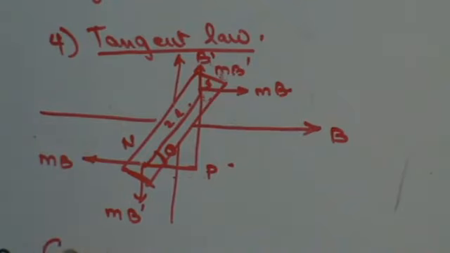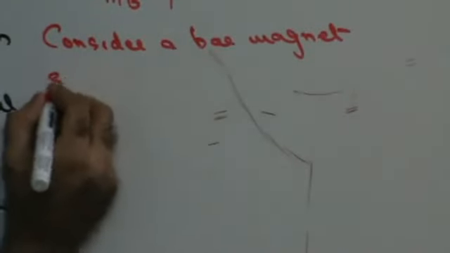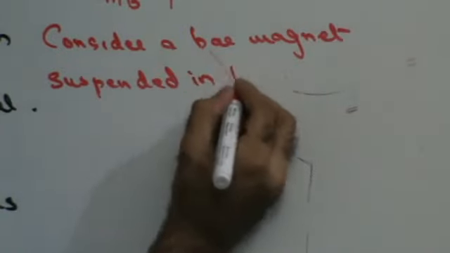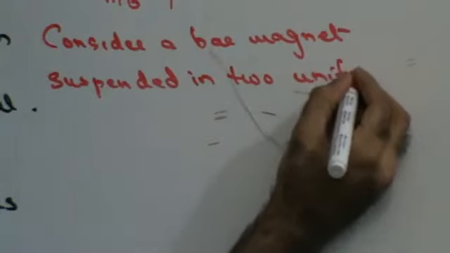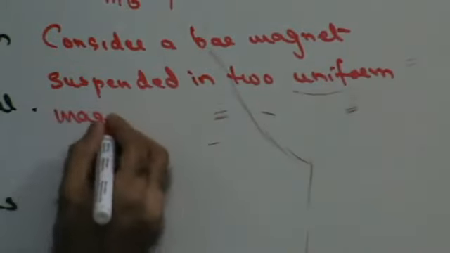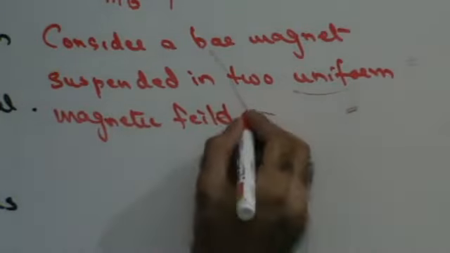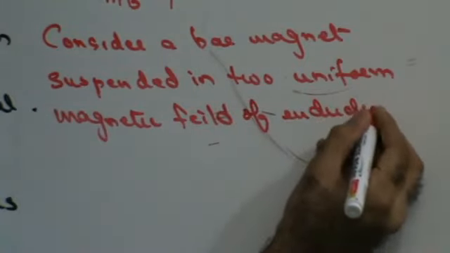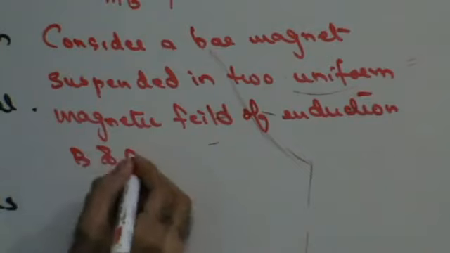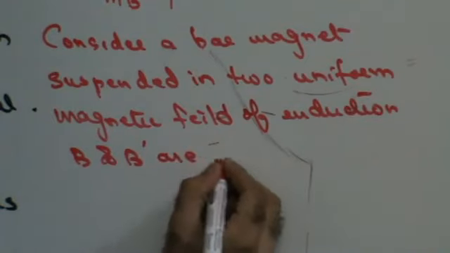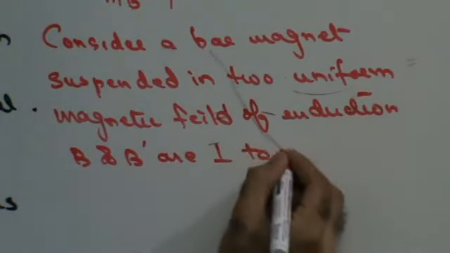Consider a bar magnet suspended in two uniform magnetic fields of inductions B and B bar, which are mutually perpendicular to each other.